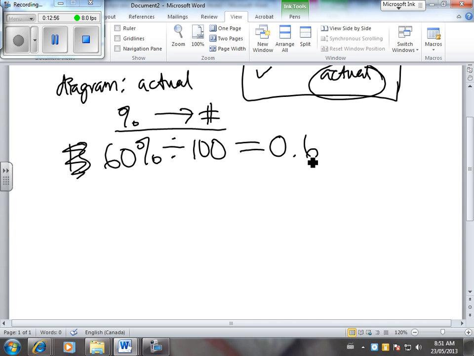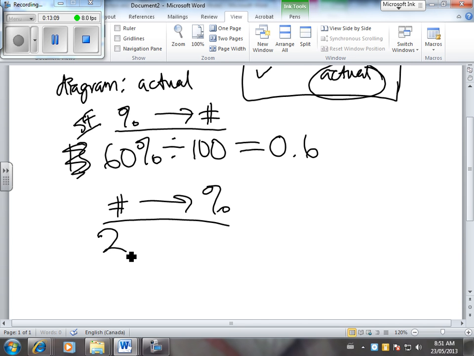And to go from a number, so these are both for scale factor, a number to a percent, let's say that we had 2, you would multiply by 100. And then 2 times 100, so this would be 200%. Okay, so if you're given a number and I want you to find me percent, multiply by 100. If you're given percent, divide by 100, and then you'll get the number and you can work with that.